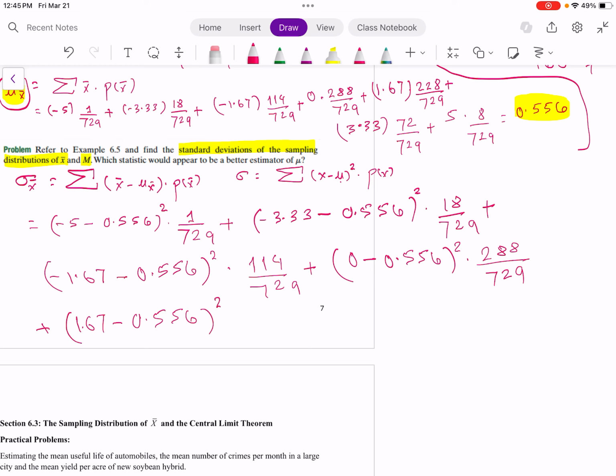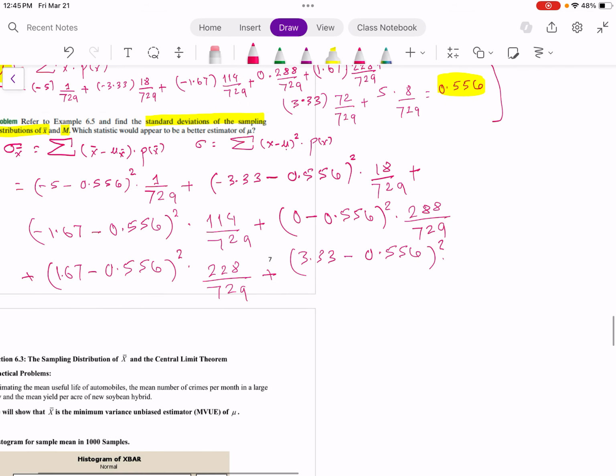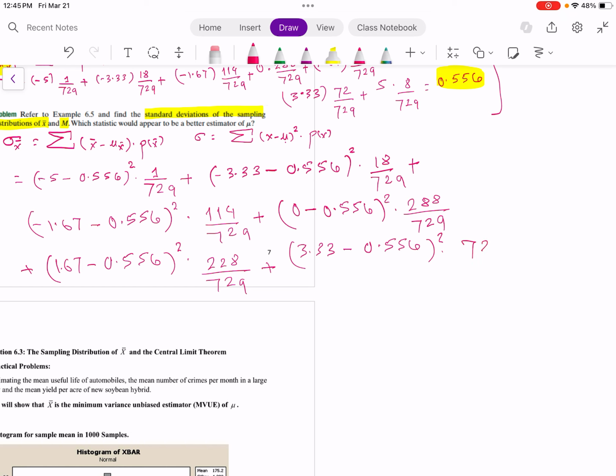You square it, multiply by its probability 228 divided by 729, plus. Another value of X bar is 3.33 minus mu of X bar, 0.556 squared, multiplied by the probability 7/729, plus. We have one more, 5 minus mu of X bar, 0.556 squared, and multiply by the probability 1/729.